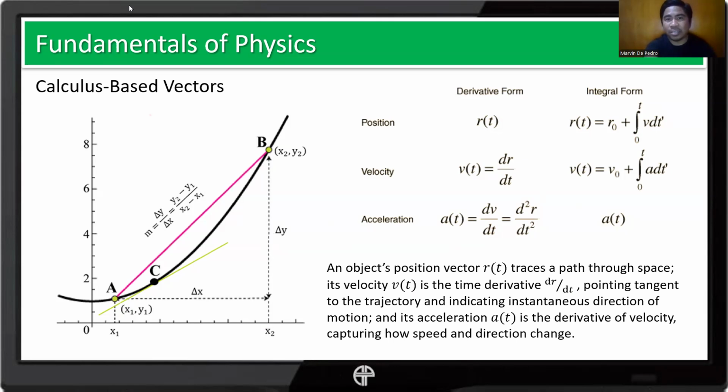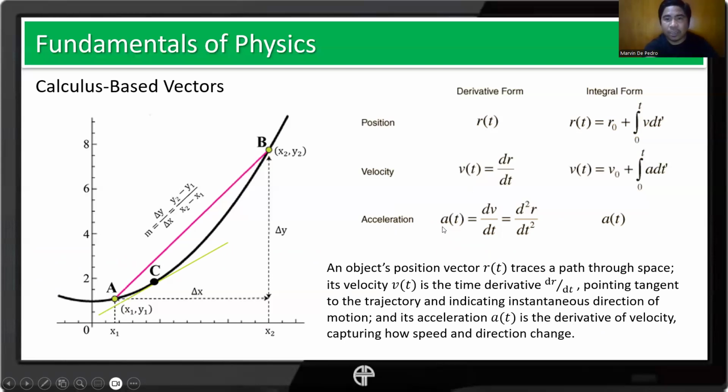So as you can see, if our position is r of t, then the velocity is just the derivative of it with respect to time, pointing tangent to the trajectory and indicating the instantaneous direction of motion, just like what you see here in the graph.